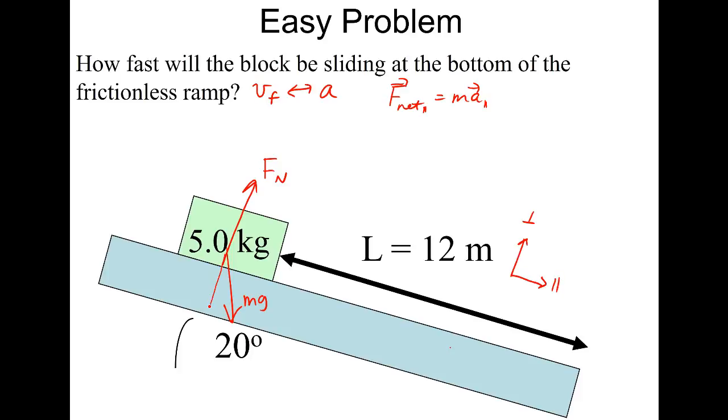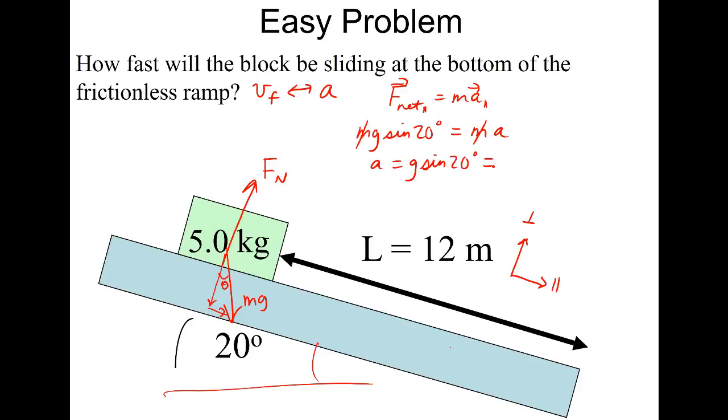And F net parallel, this is our angle 20 degrees here. This means that mg sine 20 degrees is going to be equal to ma. Now notice that in this case you don't need the mass, and the acceleration is just going to be g sine 20, which is about 3.35 meters per second squared.